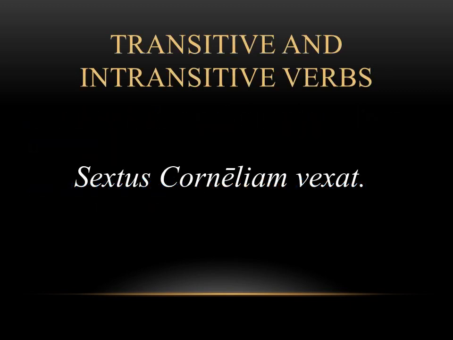If we use the example Sextus Corneliam vexat, we can break it apart just like we have been doing. Sextus is your subject, vexat is the verb, and we know from the M ending that Corneliam has to be the direct object, and we know that now because of that M. So now we have the core elements of this Latin sentence, the subject, direct object, and the verb.